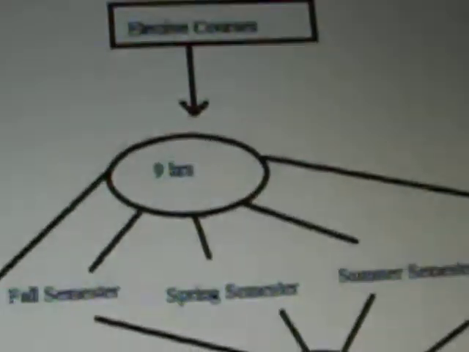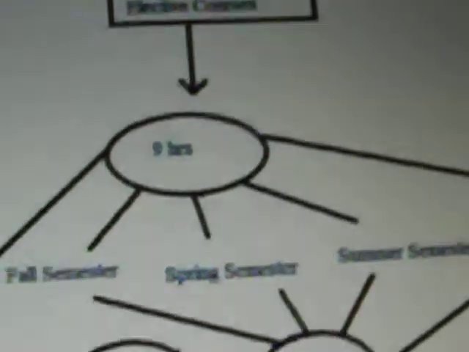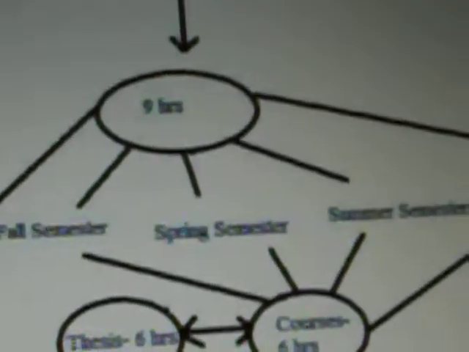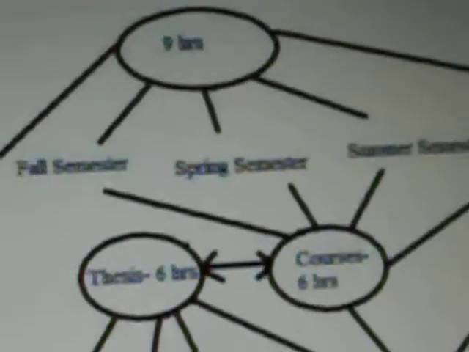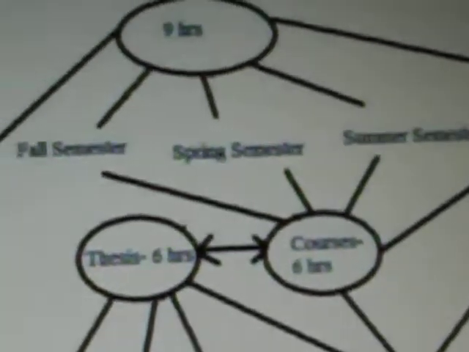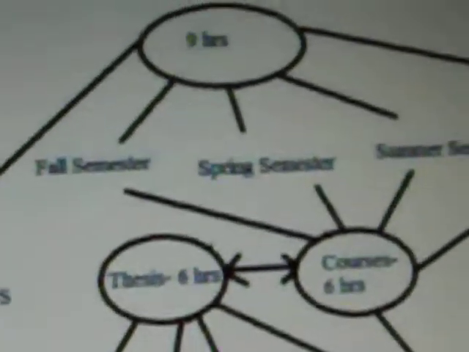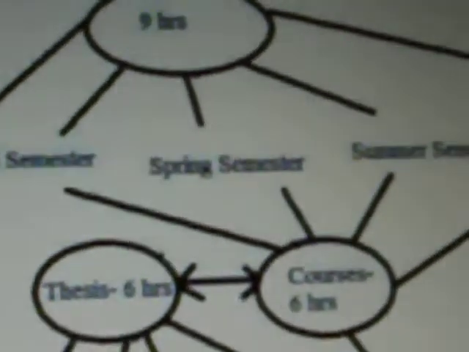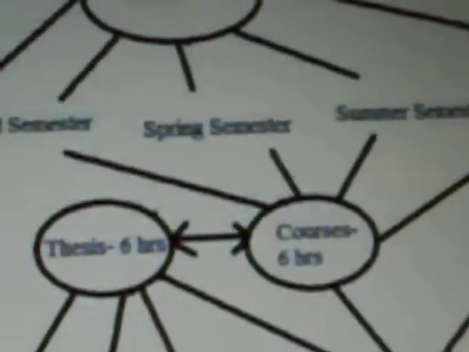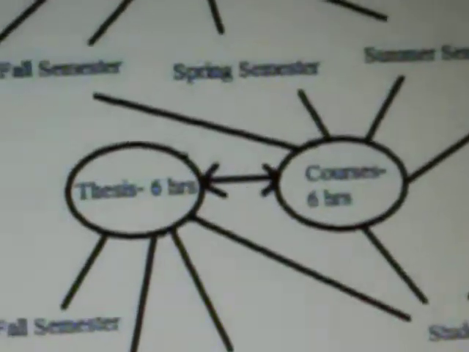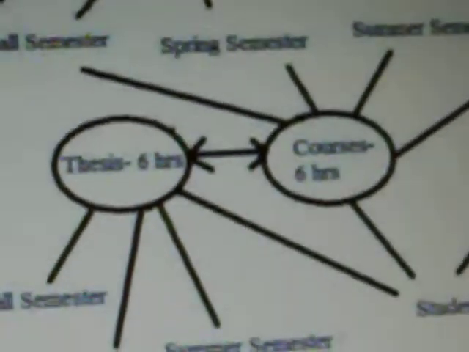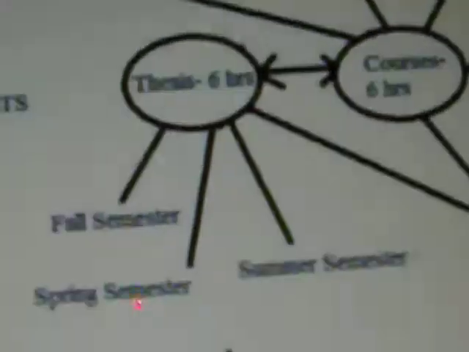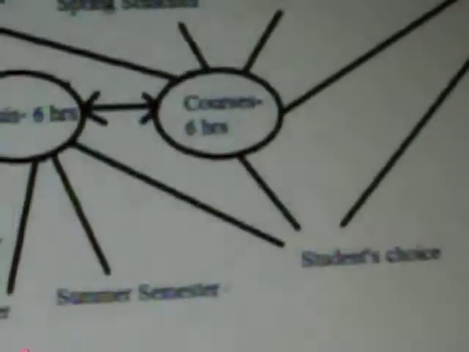If we want the Gender Women Studies certificate, for instance, we can take our hours in Gender Women Studies courses. But this kind of gives us the freedom of choice there. Again, we see that these are offered in different terms. We can pair them up the way that we choose. We can choose to either do the thesis or the 6 hours. Again, the freedom of choice there, offered still in the different semesters.